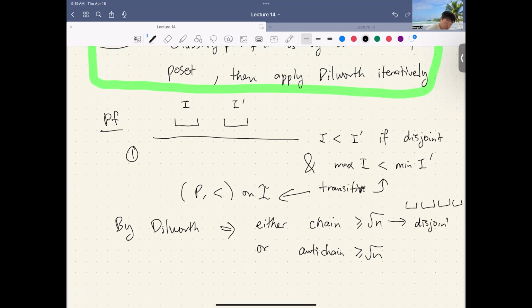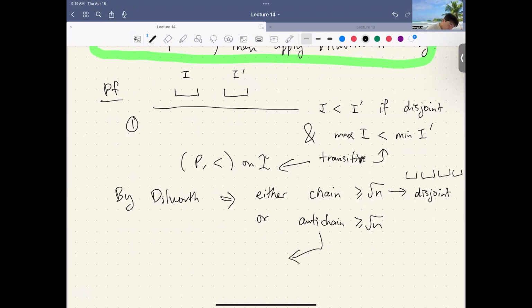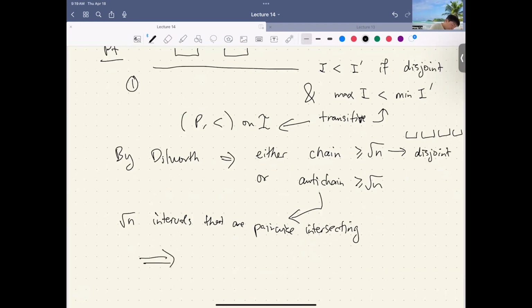We have square root n intervals pairwise disjoint. In the second case, this is square root n intervals that are pairwise intersecting. Then by the proposition, we know that they are commonly intersecting. Let me just write intersecting. Okay.